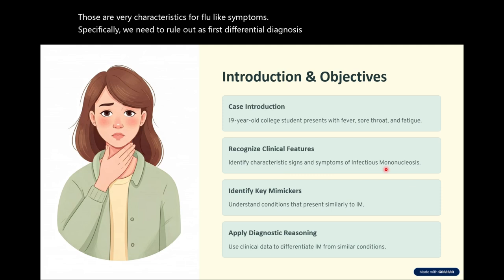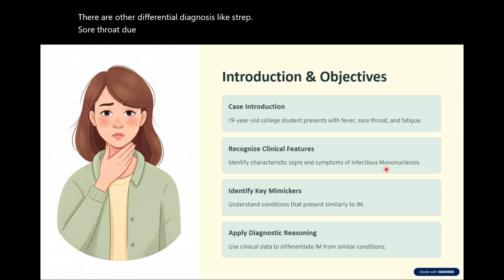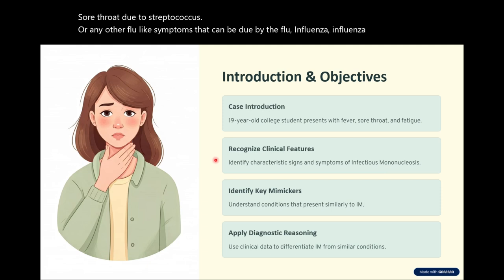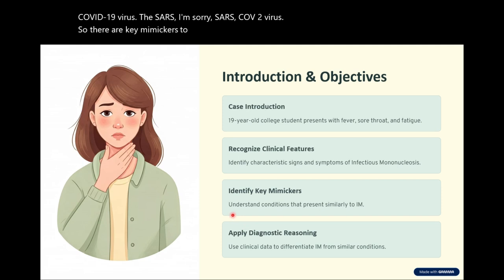There are other differential diagnoses like strep, a sore throat due to streptococcus, or other flu-like illnesses that can be due to influenza virus or COVID-19, the SARS-CoV-2 virus. So there are key mimickers, and we need to understand conditions that present very similar symptoms to infectious mononucleosis.